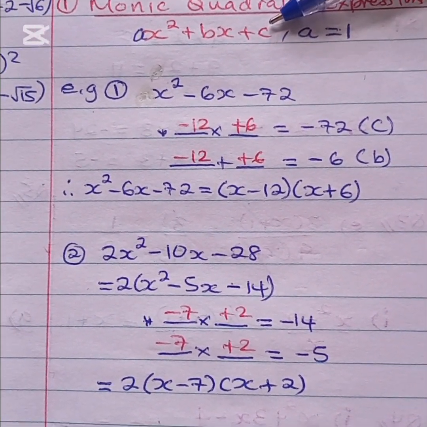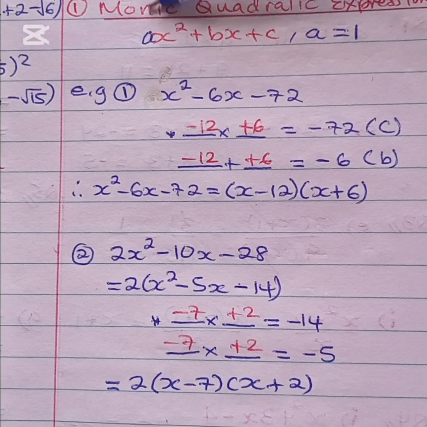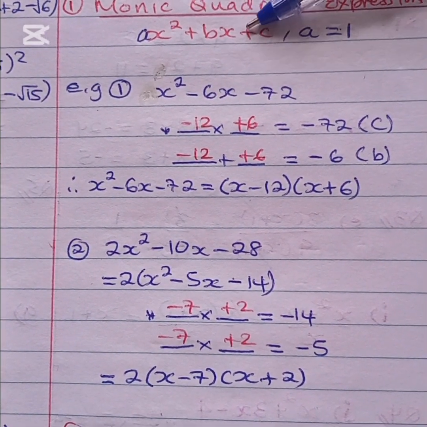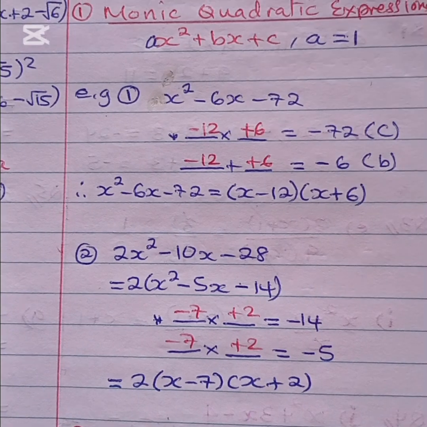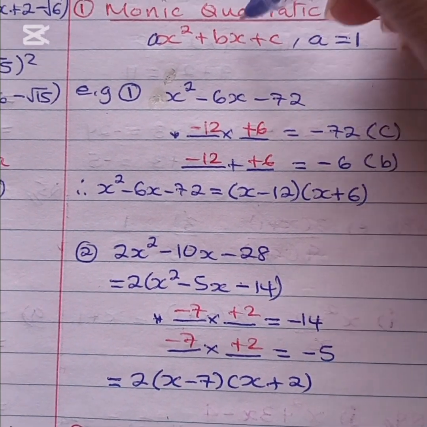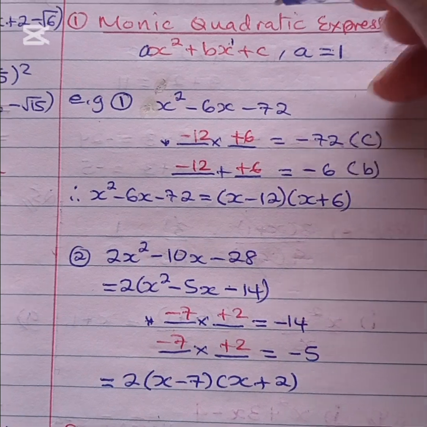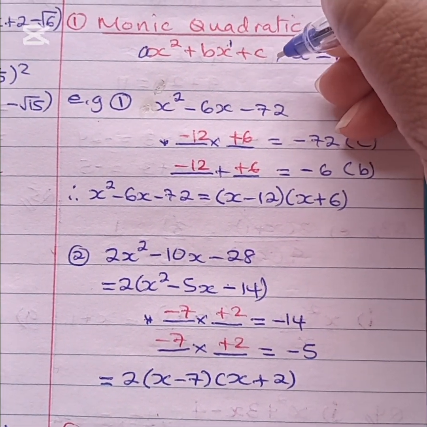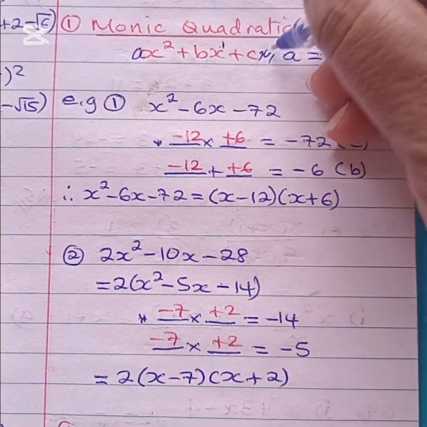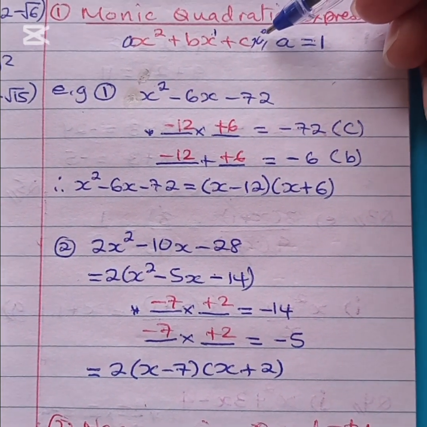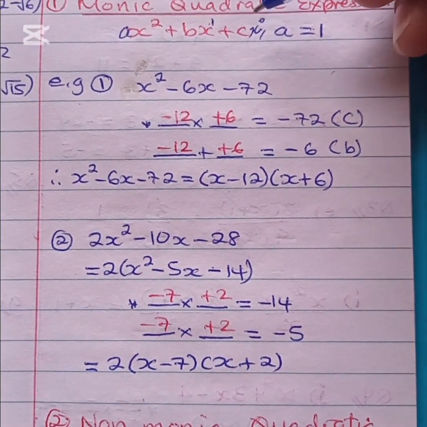So to remember it, you can think of them like x squared is the big boy in the group. X, which has a power of 1, is a small boy. And here we actually have an x to the power of 0. But since anything raised to the power of 0 is 1, 1 times c will still be c.